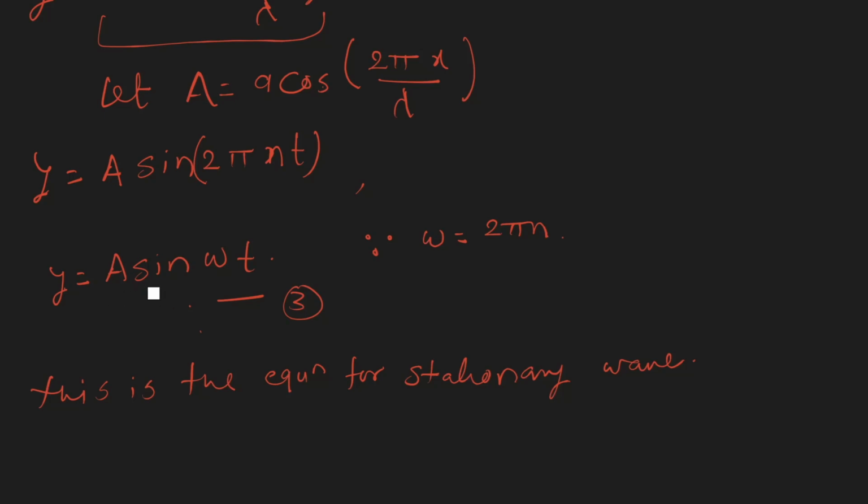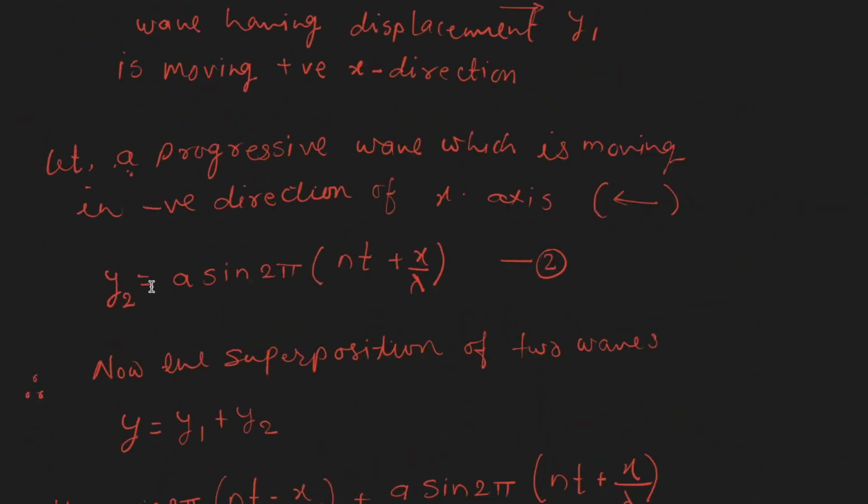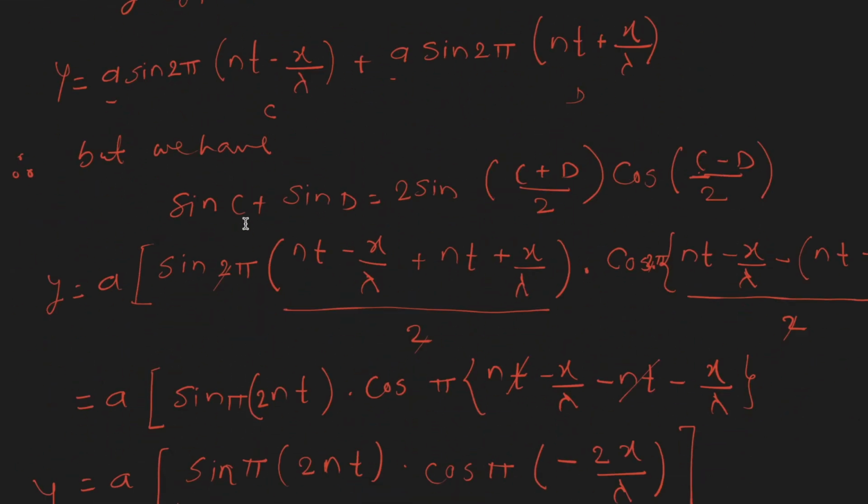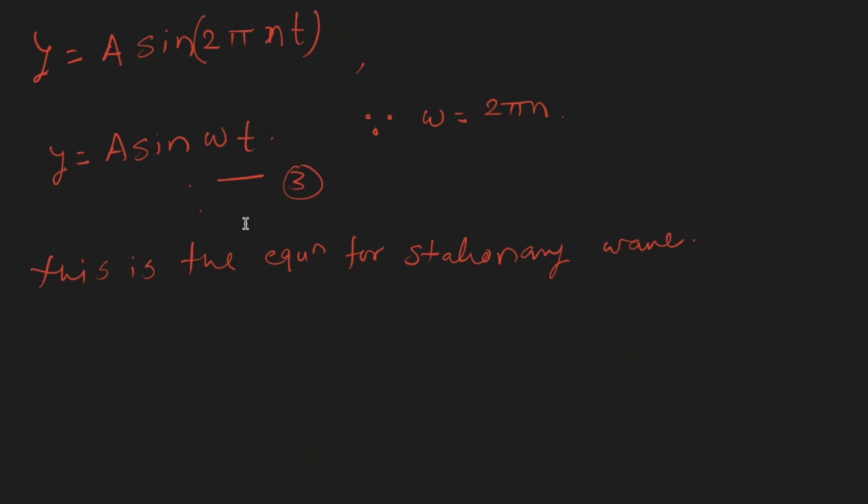What is x? x is the distance from point O in the forward direction. This x may be any distance. But there is no x and lambda in the equation, therefore we can say this wave is a steady wave.